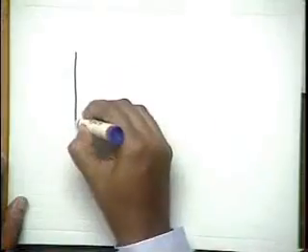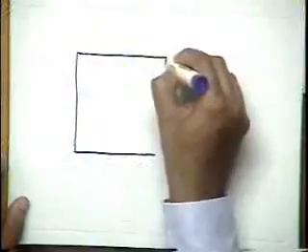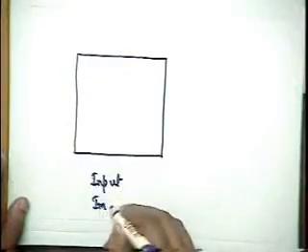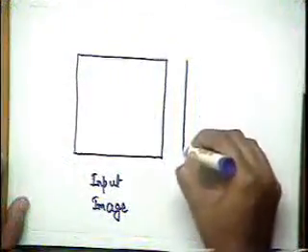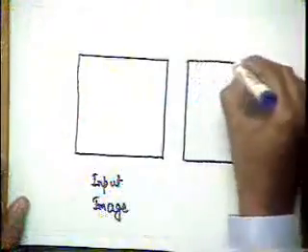Now I take an image like this. Okay, this is the input image, and let us say that this is the output image array.